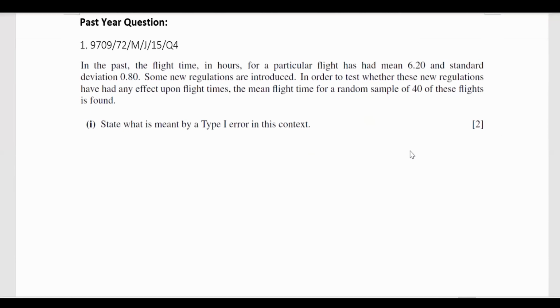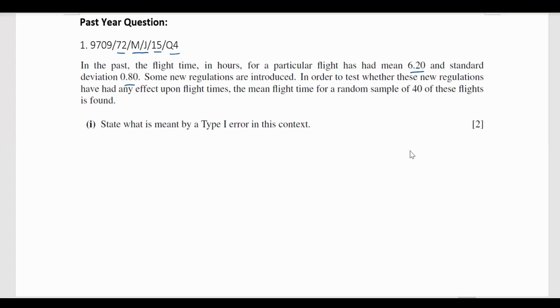So let's see these questions from May/June 2015, variant 7.2, question 4. In the past, the flight time in hours for a particular flight has had mean 6.2 and standard deviation 0.8.